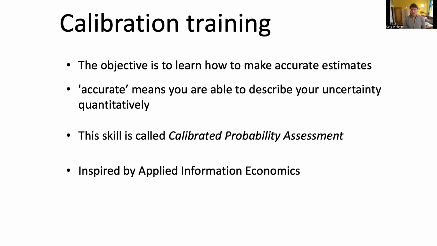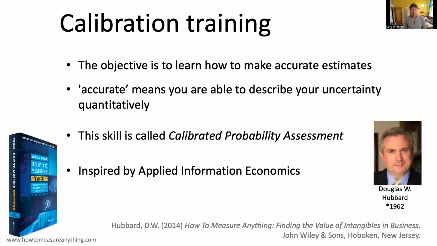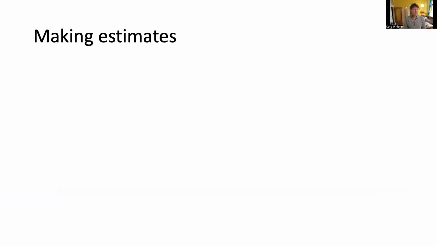It's inspired by the work by Doug Hubbard and his team on applied information economics, and it has its roots in decision analysis, applied in all types of different fields since the 70s. These are well-established tools. And what we're offering here is just a mechanism for you to learn through the app.